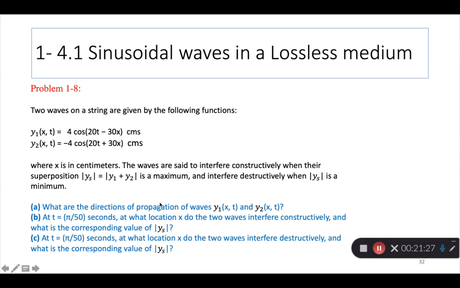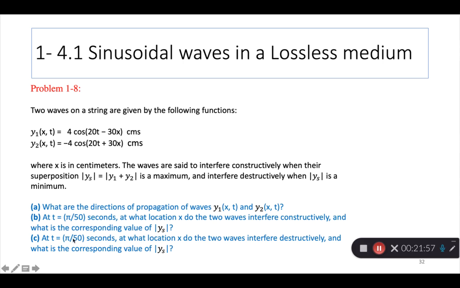Now he's asking us, part A, are y1 and y2 traveling in the positive direction or negative direction? Part B, at a certain point in time, at what location x do the two waves interfere constructively, and what is the corresponding value of the magnitude of ys?